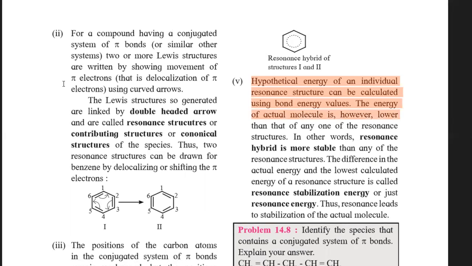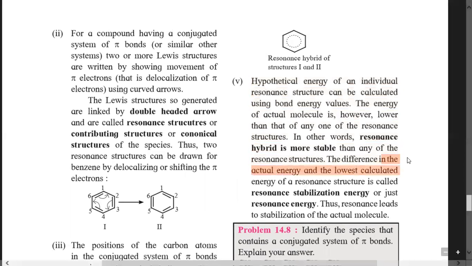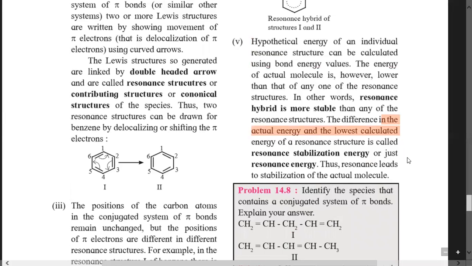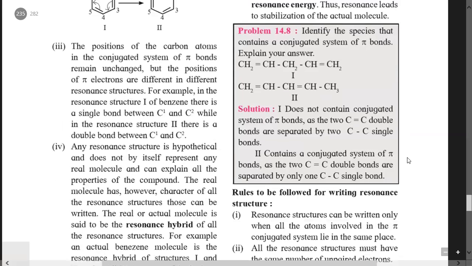The energy of the actual molecule is lower than that of the resonance structures. So the resonance hybrid is more stable than any of the resonance structures, and the resonance stabilization energy is the resonance energy, that is, the energy corresponding to the actual molecule. So these are the points given in the resonance theory.